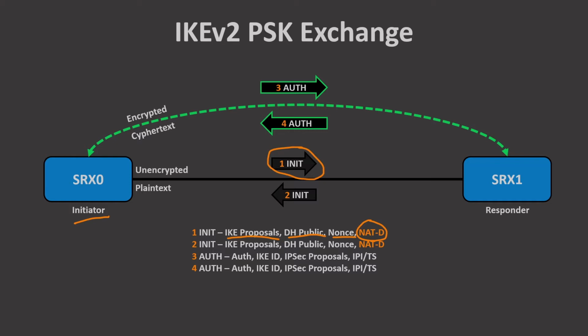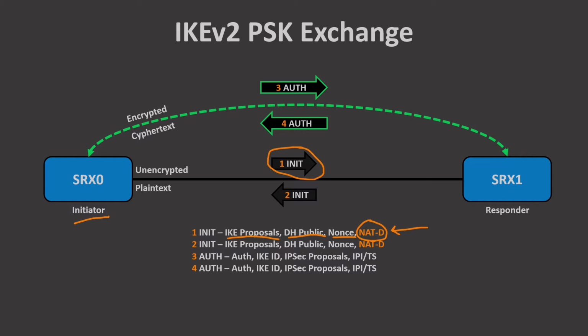And the NAT discovery block is a hash of 4 things that both peers already know: the source port, the source IP, the destination port, and the destination IP of the IKE session that it wants to establish. When the init packet gets to the other side, to SRX1, SRX1 looks at that NAT discovery hash, and it runs a hash of the same 4 things.